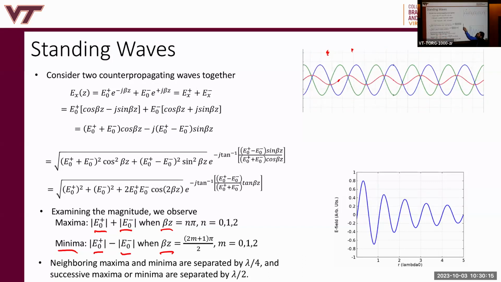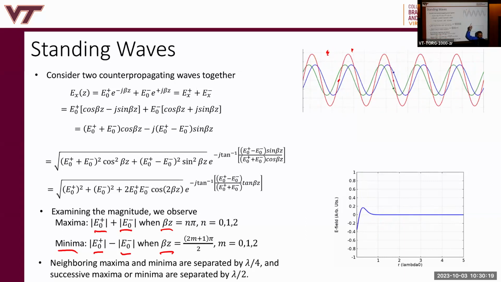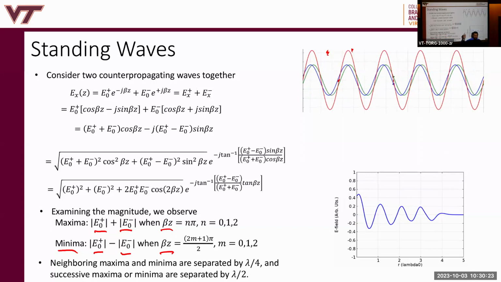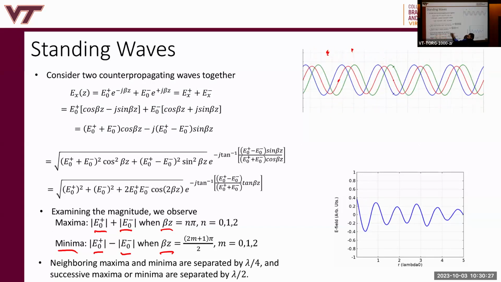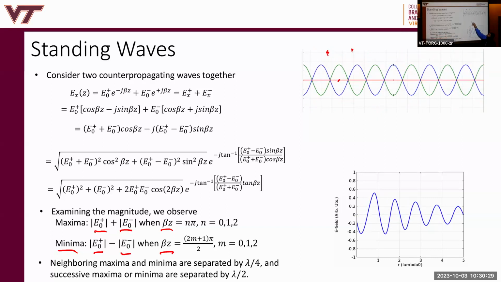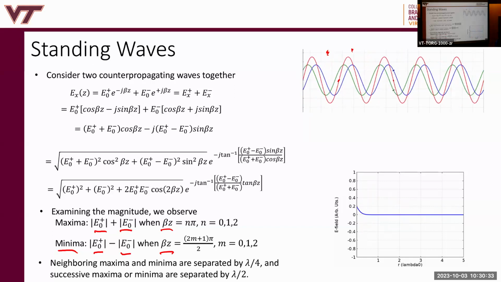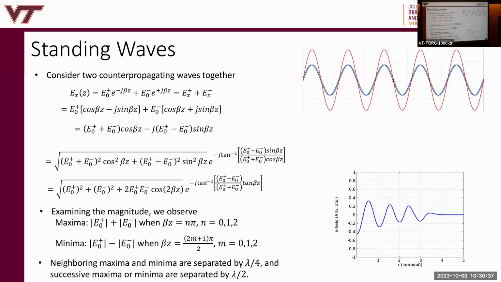And it is. The minima of this red curve is this dot here, and it's a 0. But if these were unequal amplitudes, then the minimum would not be 0. And the maximum should be twice E_0^+ or E_0^-. If we look at the red curve, it should become twice the amplitude of the green or the blue one.